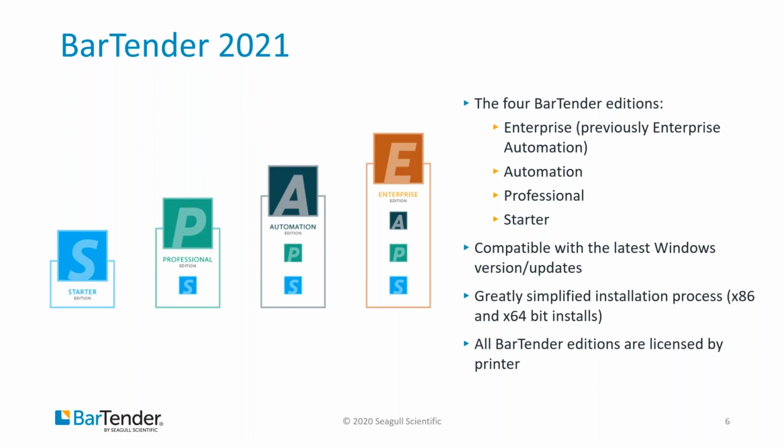For this webinar, there's been some exciting news as we've just made available our latest software release, BarTender 2021, at the beginning of November. BarTender 2021 is still available in 4 editions: Enterprise, Automation, Professional, and Starter.